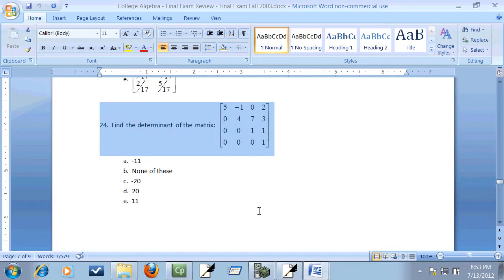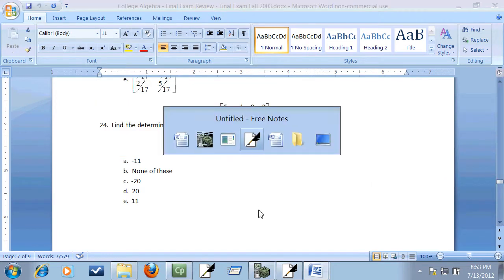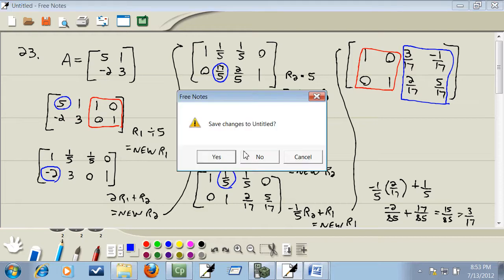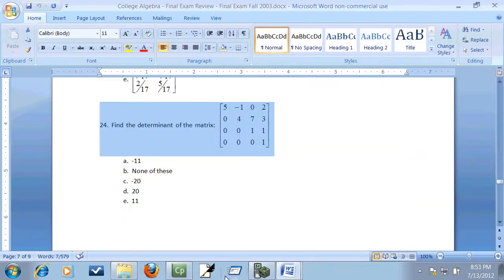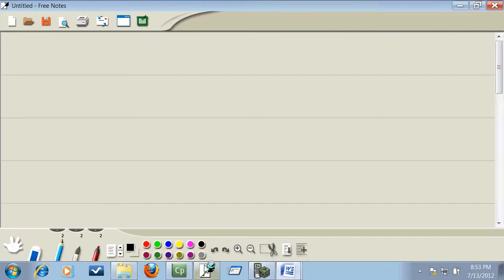Okay, now let's look at it by hand. My little tablet blew up. Let's try it again. Okay, there we go.